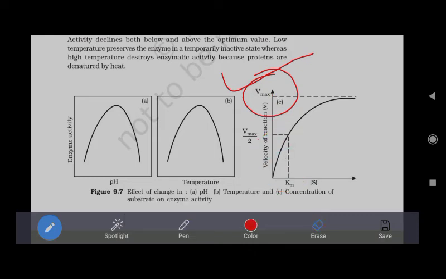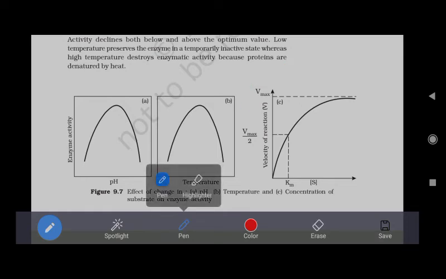Vmax is the maximum velocity, and when the velocity of the reaction is half of its maximum velocity, that is called Km, the Michaelis constant.